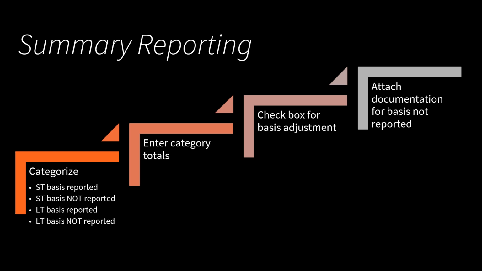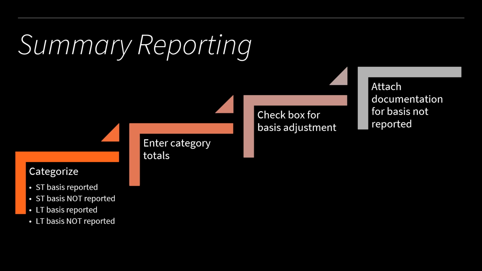Usually the basis has been reported, so usually you'll have a short-term basis reported and a long-term basis reported block together. Once you've made sure that you're only blocking those categories that go together, then you can enter that category total. And typically this just follows what's reported on the 1099.